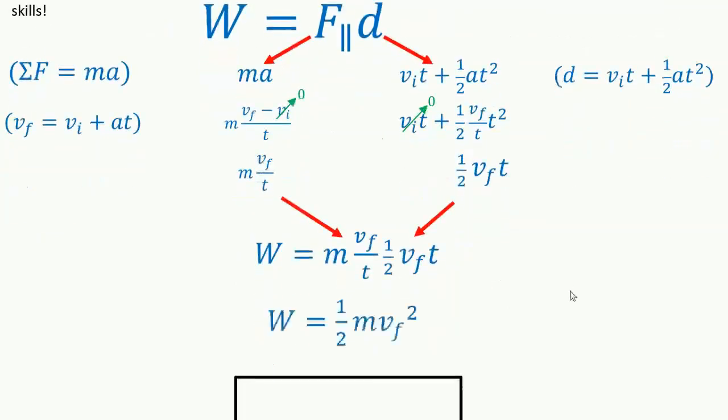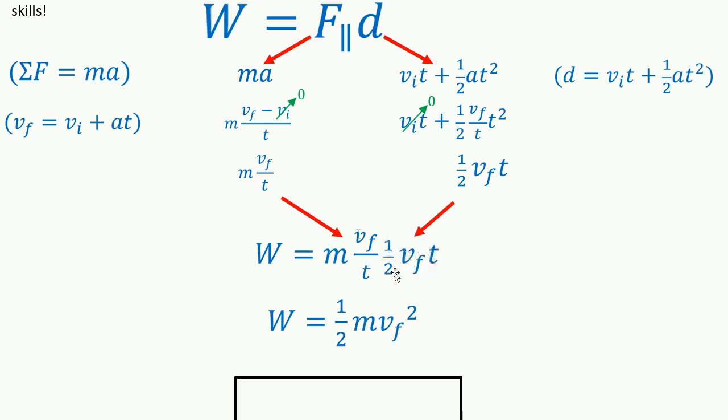Then we go a bit further and we say, well, hey, there's a t up here and a t down here. T in the numerator, t in the denominator. Those are going to cancel each other out. And then I have a VF here and another VF here. They're getting multiplied by each other, so that can just be a VF squared.